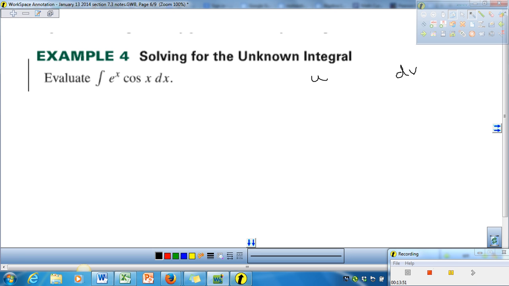So here is one where what I want you to look for is a repeat of the original integrand. So we'll write a little note: look for a repeat of the original integrand.